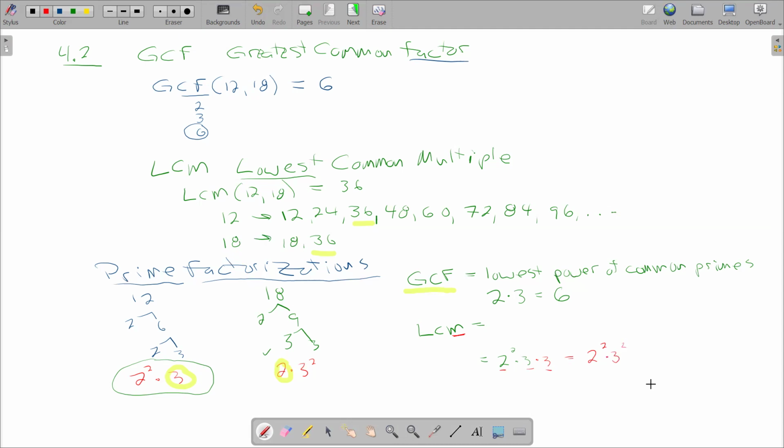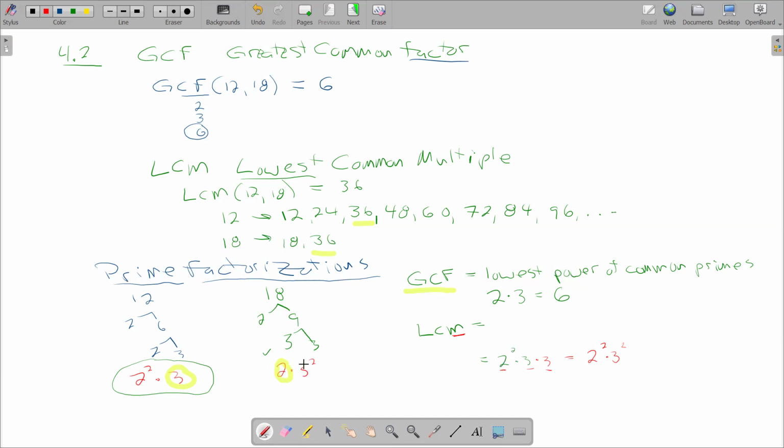Okay, so again, I'm just thinking about what it means to be a multiple. That means it's a number 12 goes into, so it's 12 times something. So 12 has to go into the multiple. So that means 2 squared times 3, which is 12, has to live there. Then I look over at the second number and I check, do I have enough of that factor?